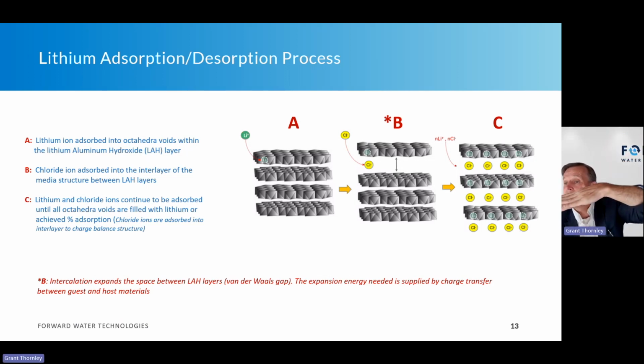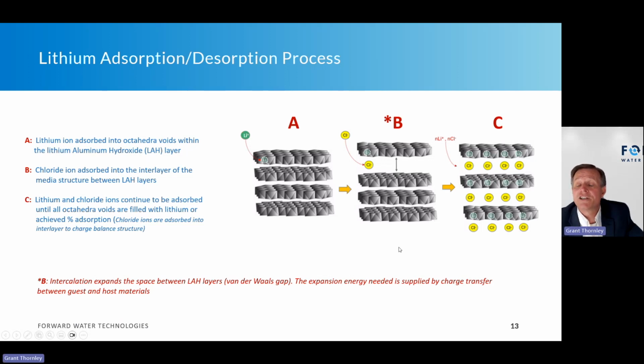As chloride comes in, the layers separate and accommodate the chloride coming into this space. So the process continues. We load more and more lithium, and all the voids are filled. The chloride is charge balancing, so I have a zero charge on this structure.